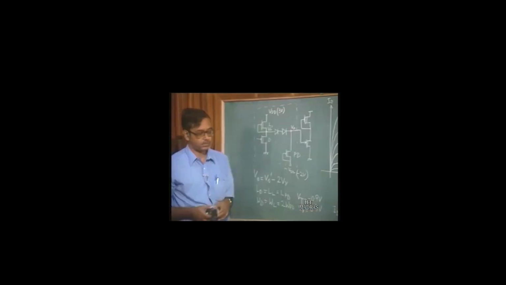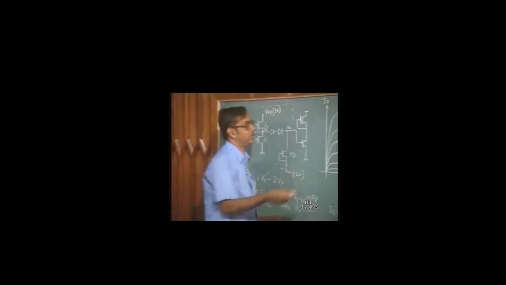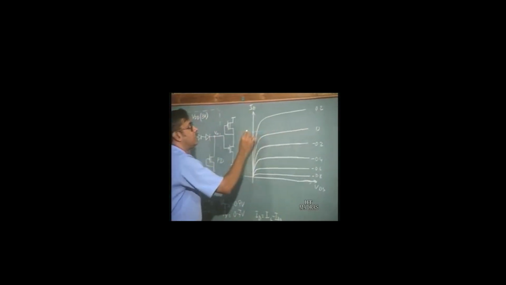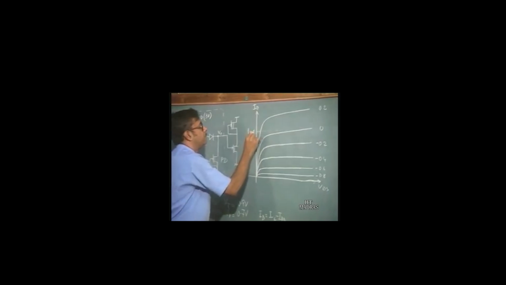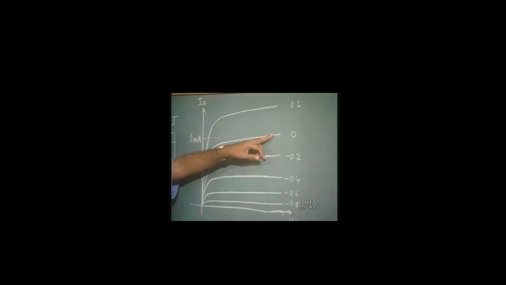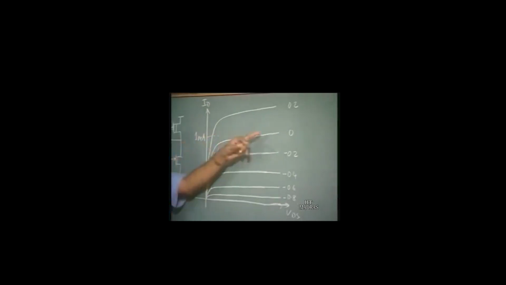Okay. ID is equal to IL minus IPD, that is the driver current is equal to load current minus the pull down current, which means that the driver current is not equal to the pull down current, and this must be taken into account while drawing the load line. Now, let us take that this is equal to 1 milliampere. That is when VGS is equal to 0, the current flowing through the device is approximately 1 milliampere.